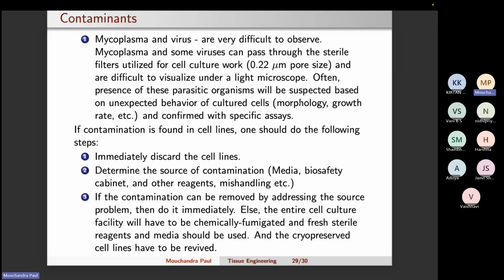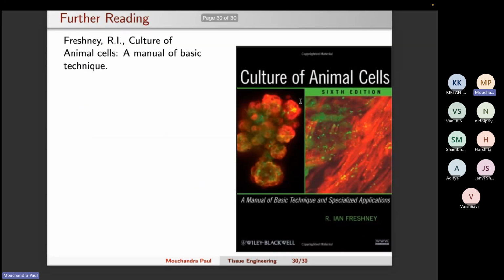If you found this discussion interesting and want to learn more about it, there is this book by Freshney, Culture of Animal Cells: A Manual of Basic Technique. This book is the Bible of cell culture, and in future if you are going to do such work, you can refer to it to study everything: media, cryopreservation, how pH is maintained.